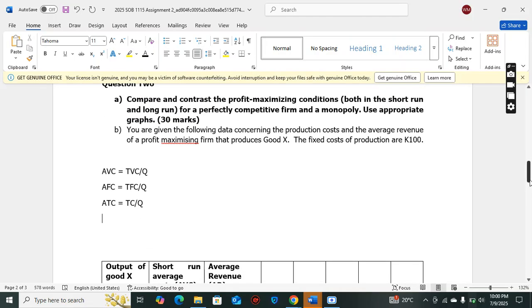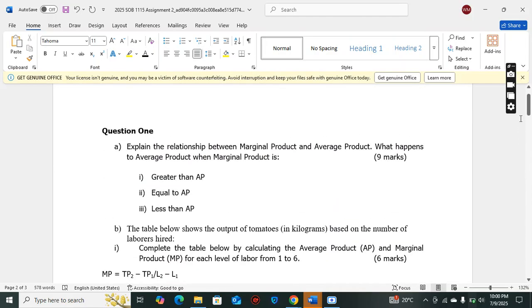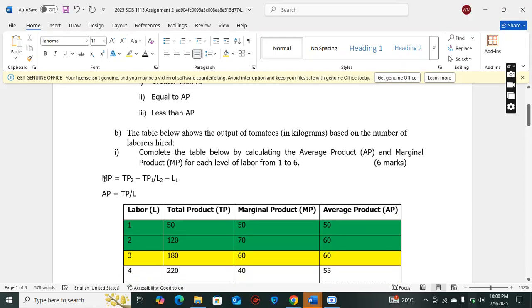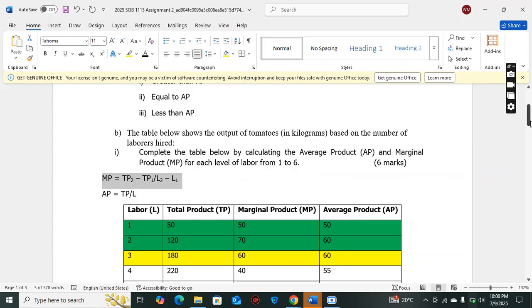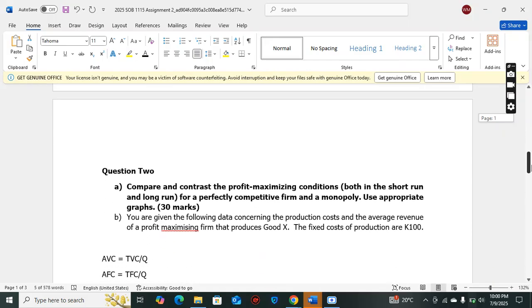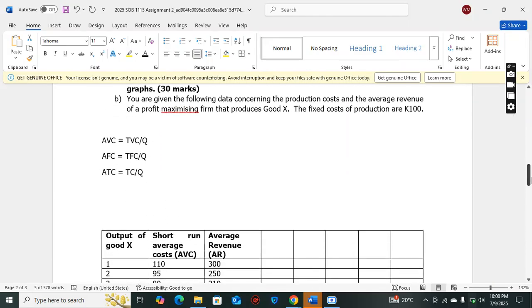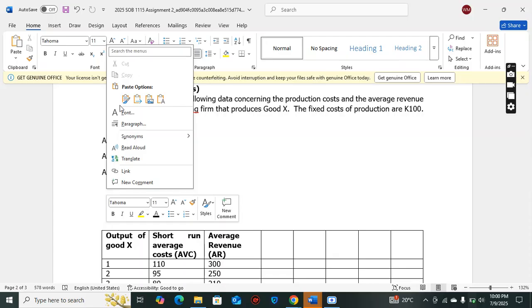Marginal cost has the same formula as marginal product. Whatever is marginal cost, marginal revenue, all of them follow this same formula here.